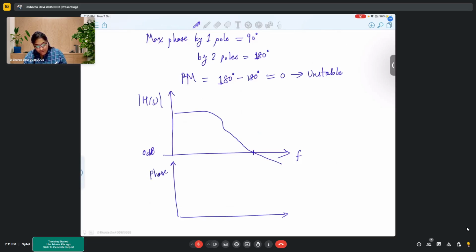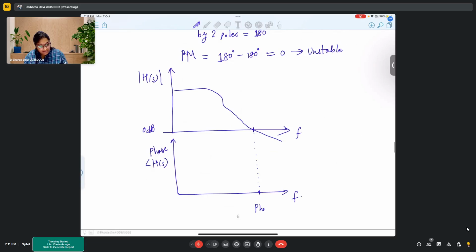So if I can make sure that at this particular frequency, whatever my phase is, this phase is less than this phase, this phase at this point should be less than 180 degrees.